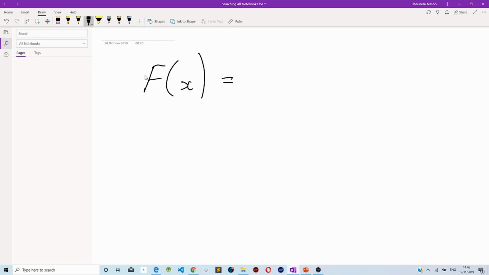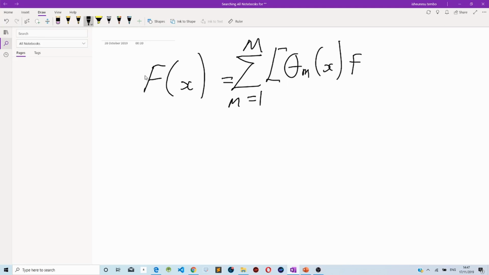So f of x is equal to the summation from m equals 1 up to M of theta m of x times f m of x. In other research papers or literature, they can represent each f m as h m of x.